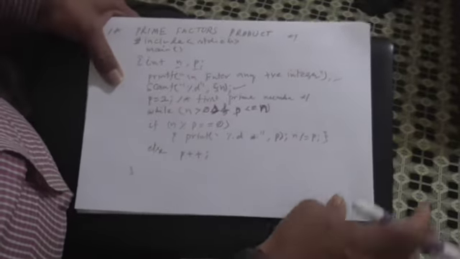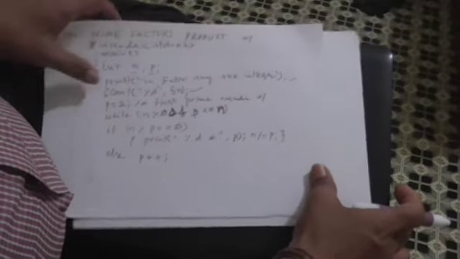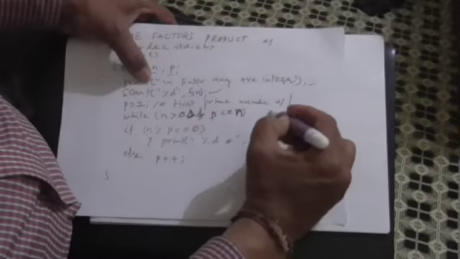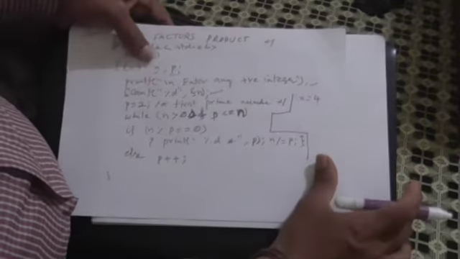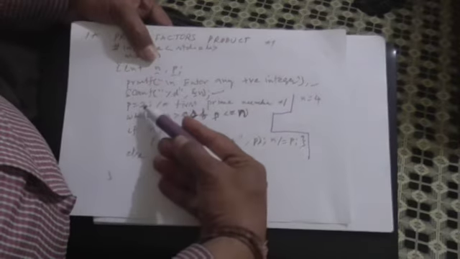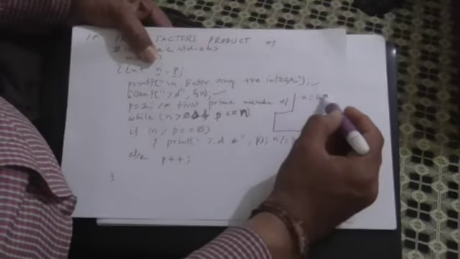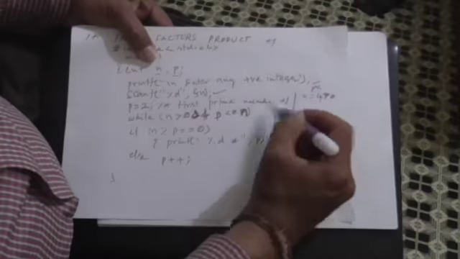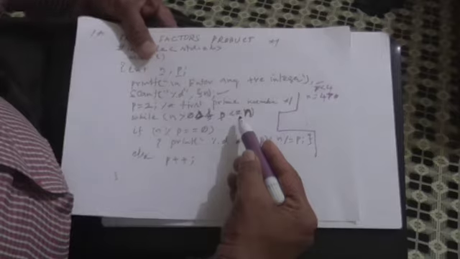What happens is, supposing I take a number n as 4, let us check. So p is 2, then while n is greater than 0, so this is greater than 0, and p is less than or equal to n, just now p is 2 and 2 is less than 4, and the condition is true.